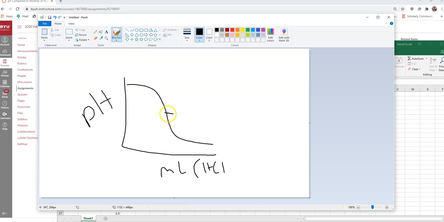All right. At the equivalence point, the pH will be determined by the pKa of the acid that we're adding, or the conjugate base, I should say. Whoops, this needs to have a curve there. And then after the equivalence point, the pH will be determined by the excess acid that's added.